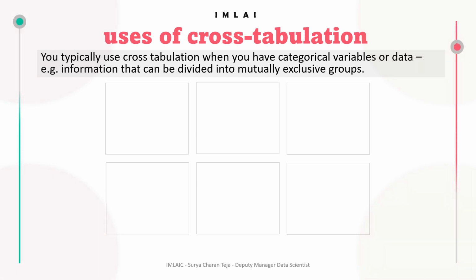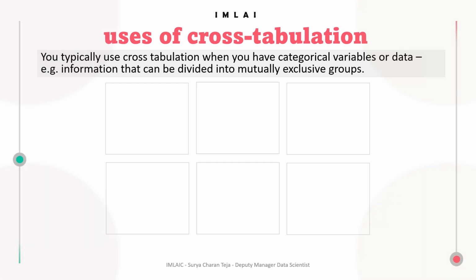So, as a result, cross tabulation is excellent for assessing categorical variables in market research or survey responses, as you can readily compare data sets to discover the relationship between two or more seemingly unrelated items. So now let's see other uses of cross tabulation.